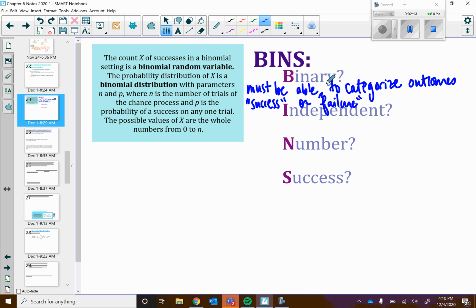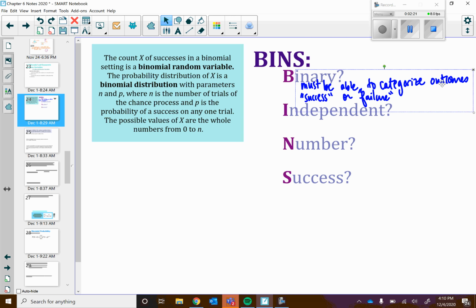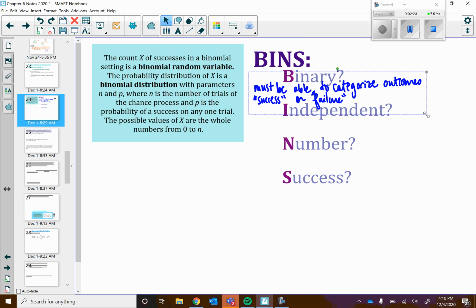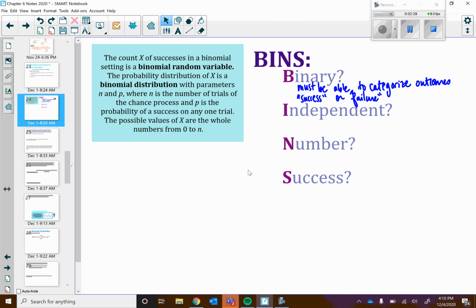Binary means one or the other. I guess I'm not really saying the correct definition of binary, but basically it's either A or it's B. It's a success or a failure. If you're in a computer programming class, you probably know a lot more about what it means to be binary. But for our definitions, we're going to specifically say success or failure.